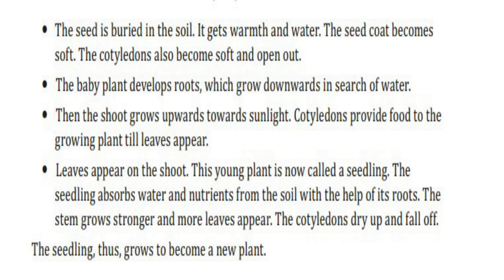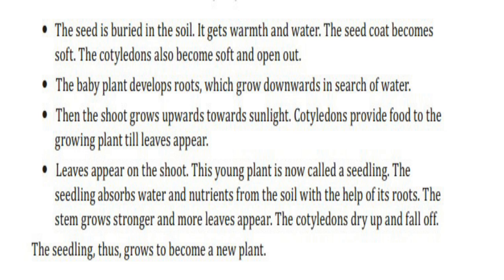Cotyledons provide food to the growing plant till leaves appear. So what do cotyledons provide for the plant? They provide food. Leaves appear on the shoot. This young plant is now called a seedling. The seedling absorbs water and nutrients from the soil with the help of its root.